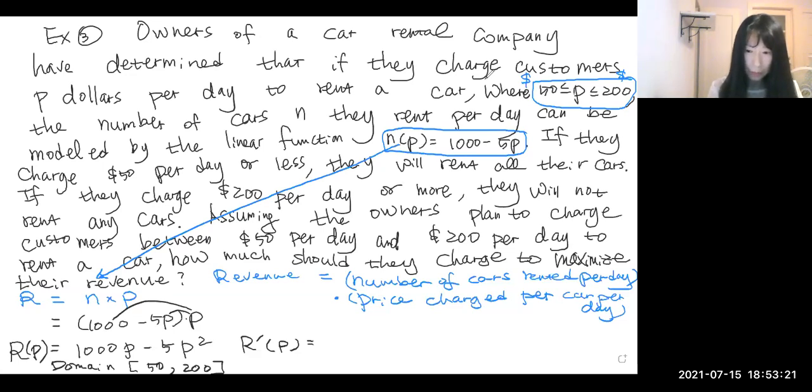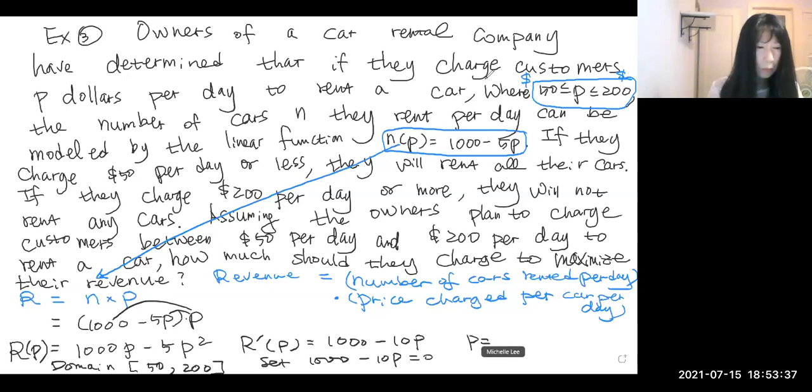The derivative is 1000 minus 10P, good. Now we set this equal to 0. Find P. So P equals what? P equals 100.